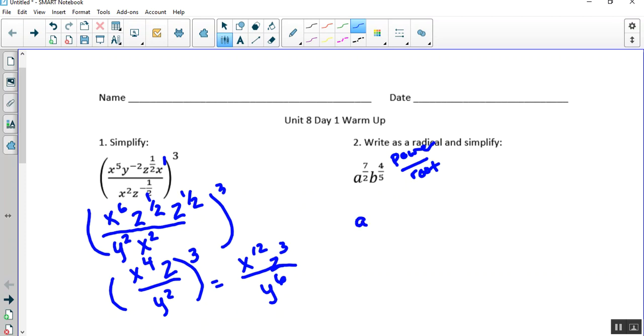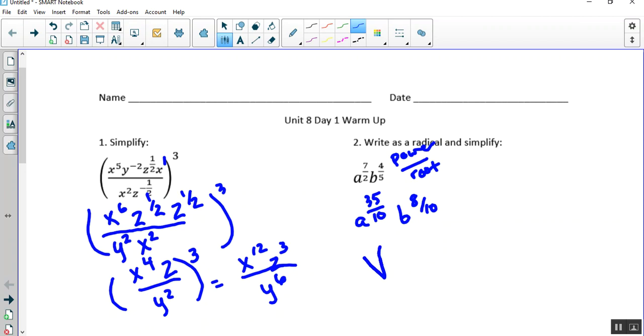So I have a to the 35 over 10. For b, I'll need to multiply this fraction by 2 over 2, so that would be 8 over 10. And then I can make this a 10th root.